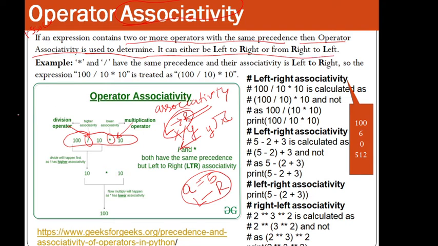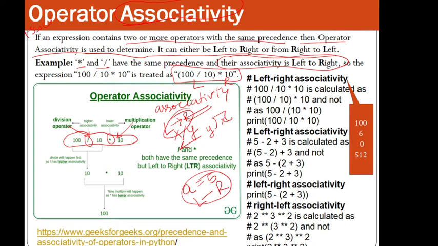So here we look at multiply and division in this example. They have the same precedence and their associativity is left to right. So the expression is treated like this. On the left side, whichever comes first will be evaluated, and then whichever comes on the right will be evaluated. So now look at the examples.